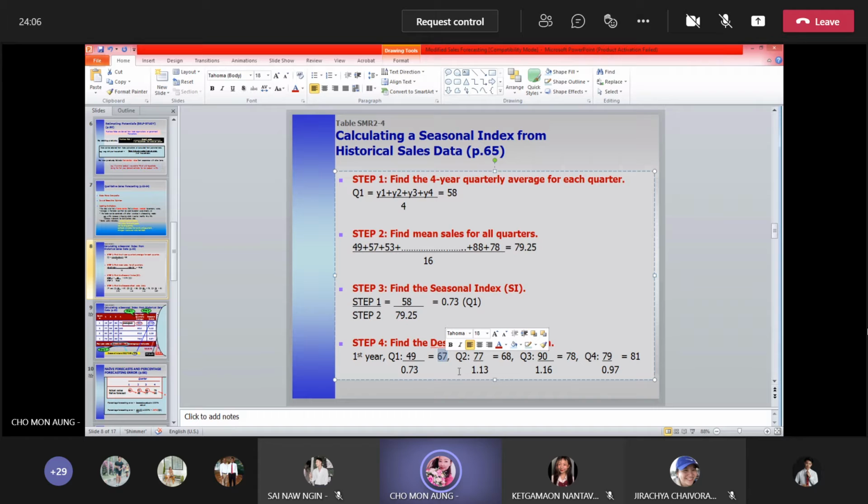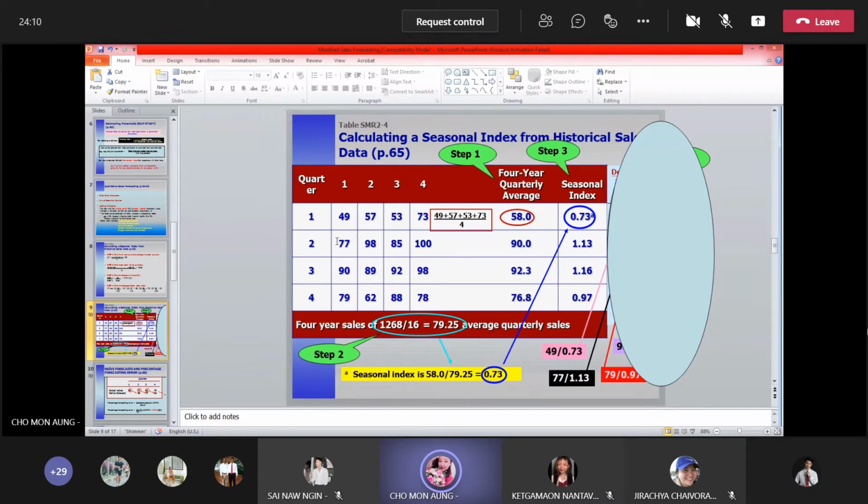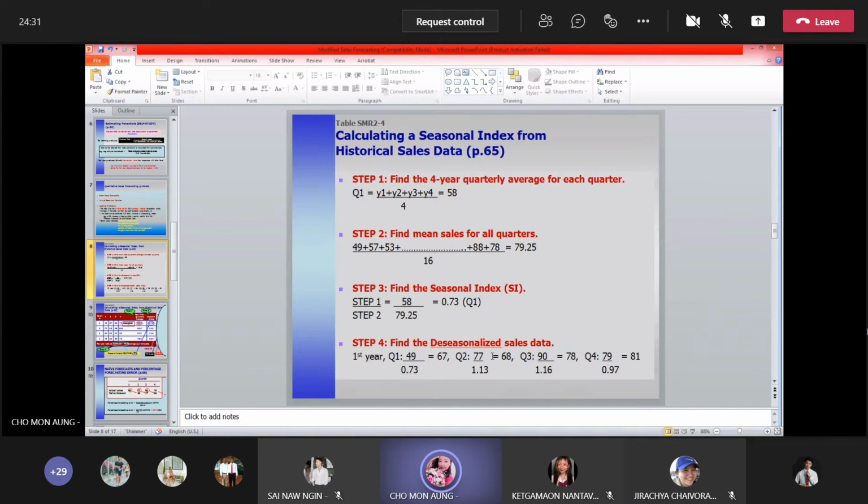So for quarter 2, what do we do? We look at the table: year 1, quarter 2, 77. Remember that now we are focusing on quarter 2 information. Therefore, actual sales of quarter 2 is 77. We divide by the seasonal index of quarter 2. So 77 divided by the seasonal index of quarter 2.